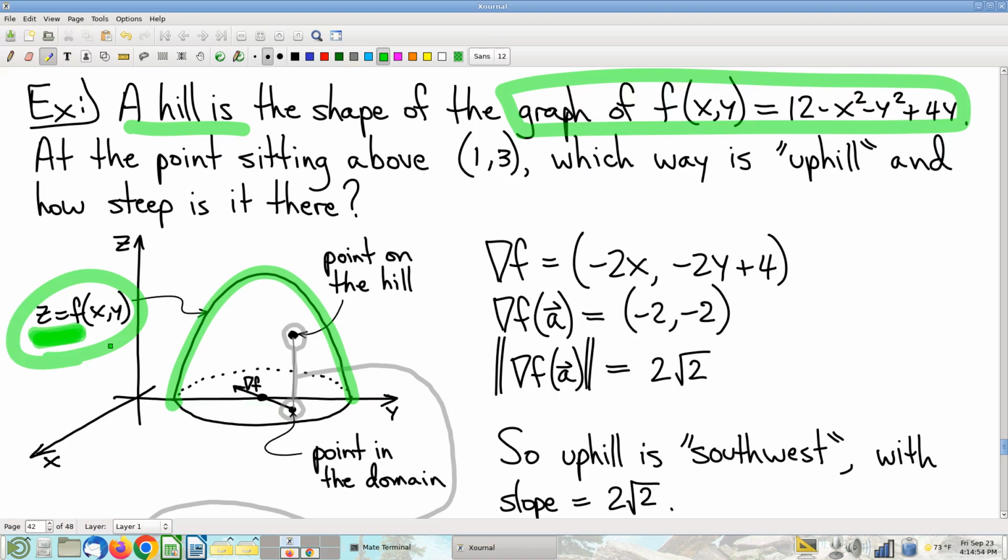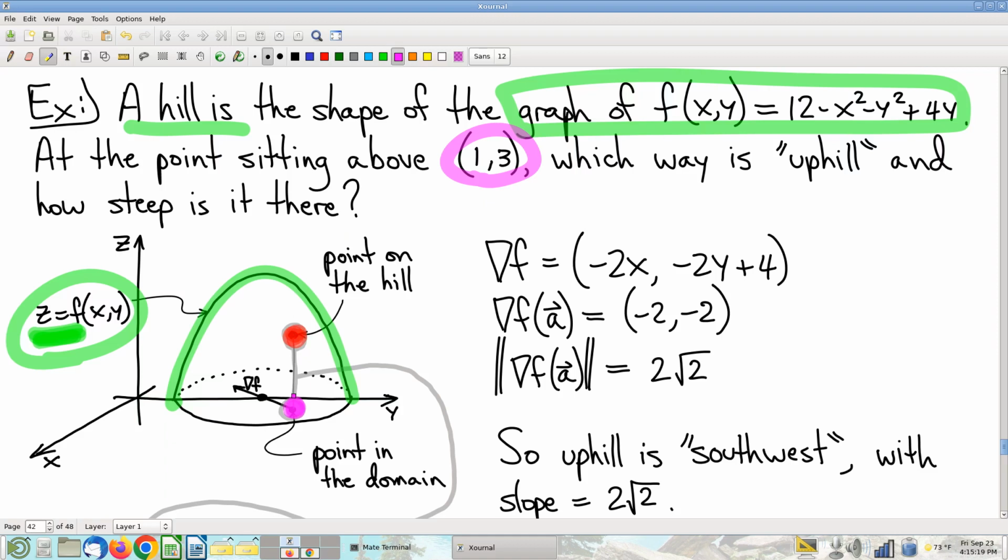So that's our hill, and I am sitting at the point (1, 3). Okay, well, kind of. I'm actually sitting up here on the hill. (1, 3), you could argue, is buried underneath the hill. Right? I'm not buried underneath the hill.